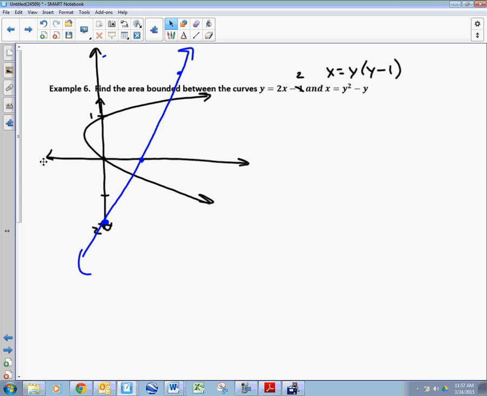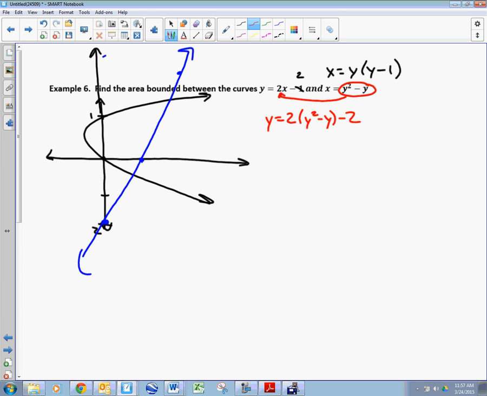I will definitely have to find the intersection between the two, right? So how will you find the intersection between these two? Very good. Katie sees it. She's going to take what x is equal to and substitute it in there. So y is equal to 2 times y squared minus y minus 2.